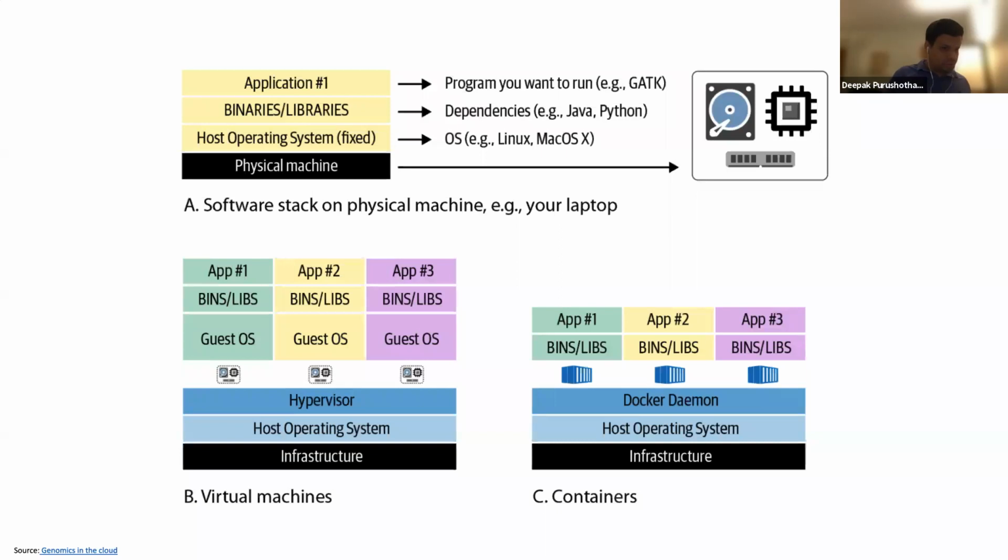Some of you might have used both of them, which essentially use the same infrastructure but host different guest operating systems. So the apps could run in their own silo, as if that app thinks that it's the only thing running on the OS, so it has full control of the resources.